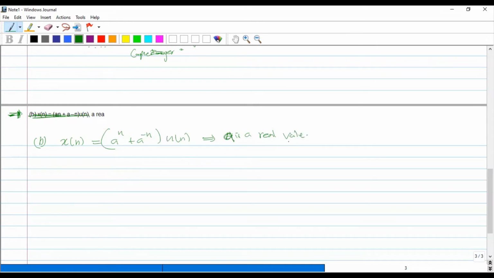But it is not said whether a is greater than 1 or less than 1, greater than 0 or less than 0. It is not said, so we will see how to solve this kind of question.